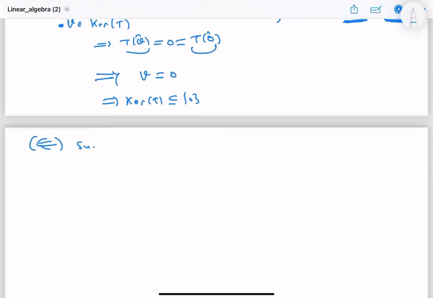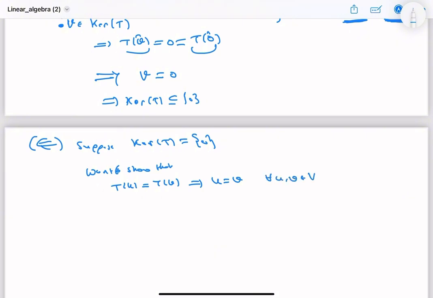So suppose that the kernel of T is equal to the zero singleton, and we want to show that if T of U is equal to T of V, then U is equal to V. This is the definition of injectivity for every U, V in V. So this is what we want.